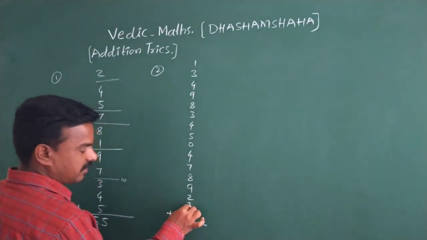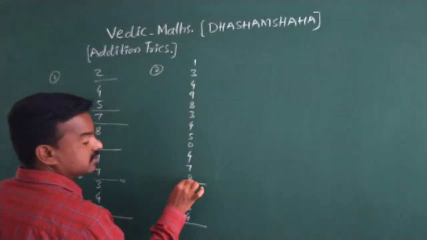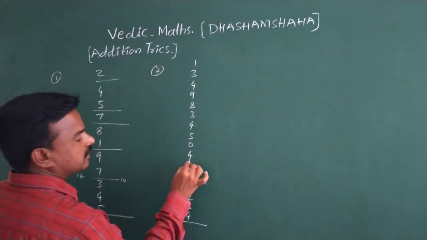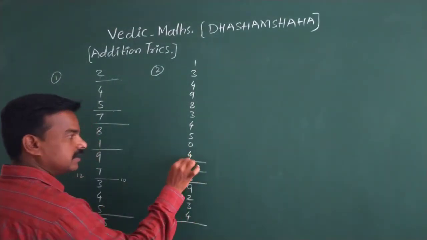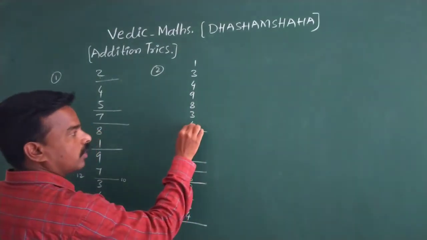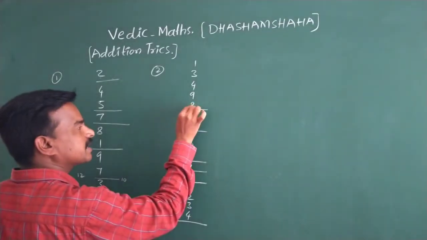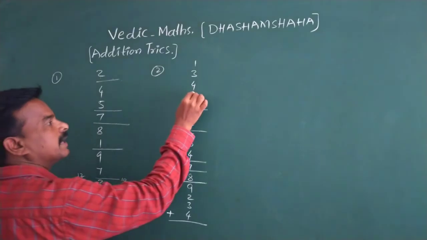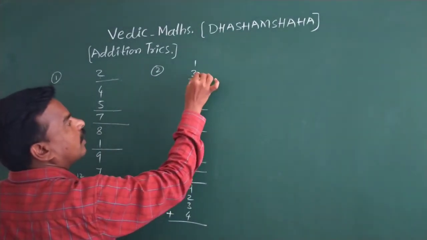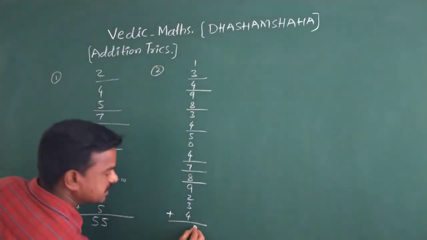4 plus 3, 7 plus 2, 9 plus 9, 18, and remaining 8, 16, remaining 6, 6 plus 7, 13 and remaining 3 plus 4, 7 and 12, 2 plus 4, 8 plus 3, 11, 1 plus 9, 9 plus 9, 18, 8 plus 4, 12, next 2, remaining 2 plus 3, 5 plus 1, 6.